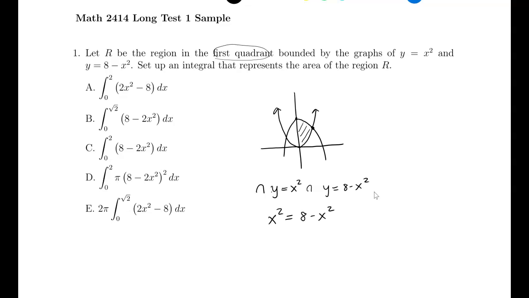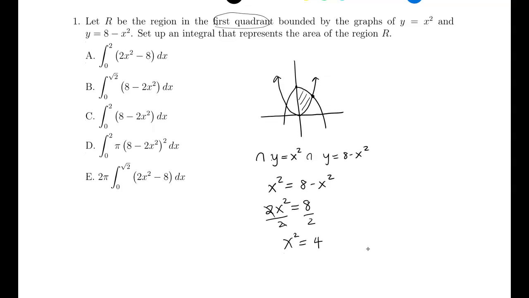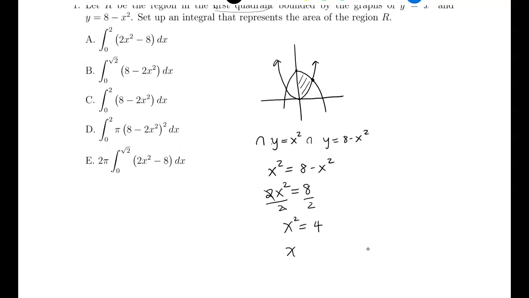You can transpose this negative x squared to the other side of the equation. Then you have 2x squared equal to 8. Then you divide both sides of the equation by 2. You have x squared equal to 4. So that means that x is equal to plus or minus 2.